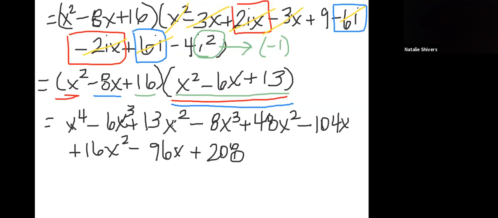All right, last row, I'm going to combine like terms for this last piece. So here's my x cubed. Here's my x squareds. Here's my x's. So those are all my like terms that I need to combine.